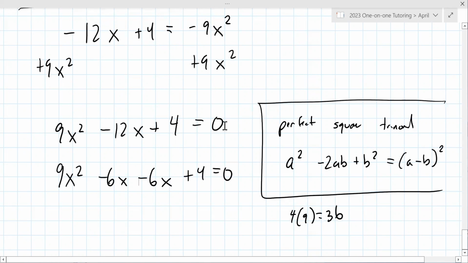Keep going from here. And then 3x, we have 3x minus 2 to that side, and then -2. Yep, 3x minus 2 squared.